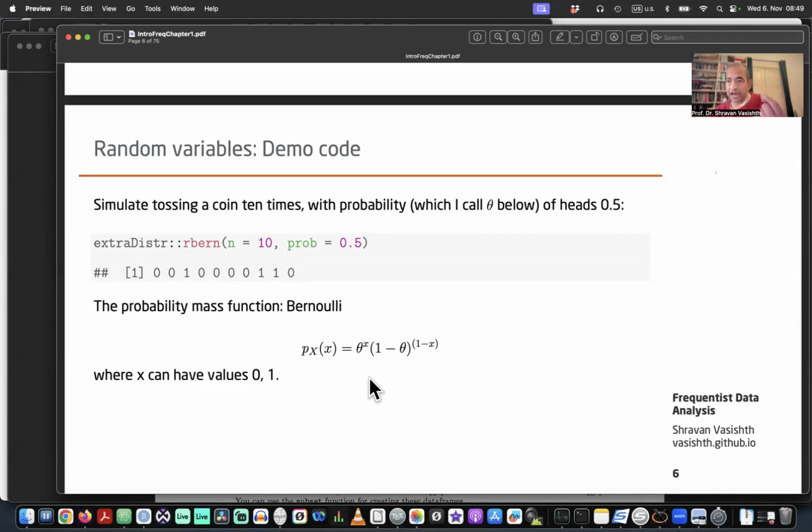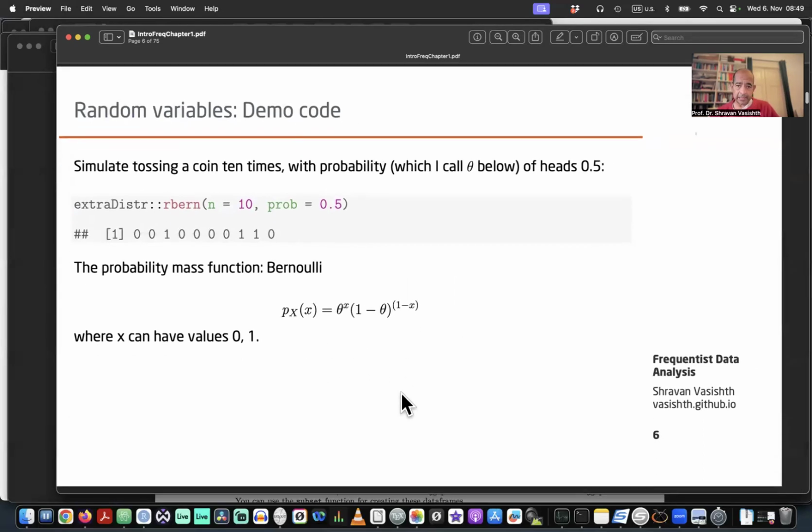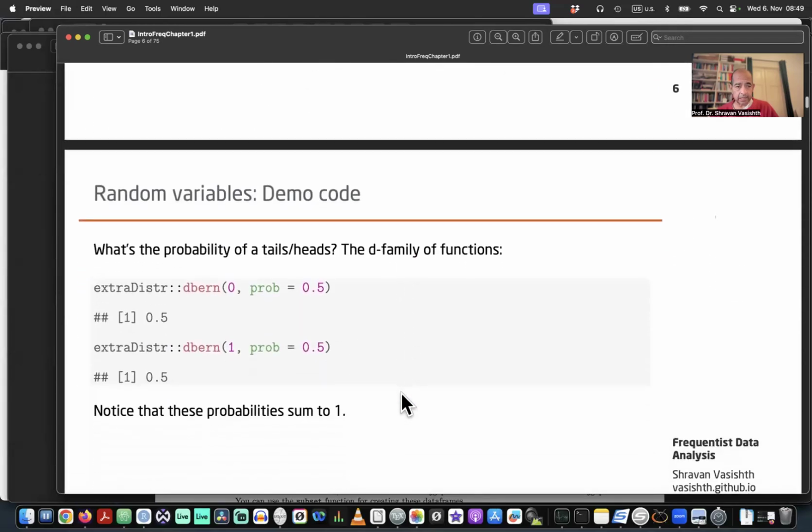But theta, I will have to specify. I'll have to give theta some value between 0 and 1, like I just did. I gave 0.5 here. And so once I decide on a probability of success, I can compute the probability of getting 1 or 0 as one of the things that can happen in this experiment.